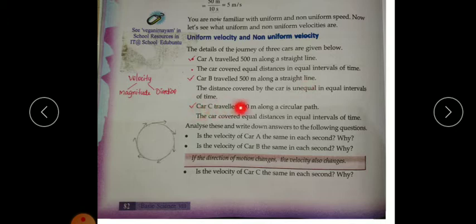The distance covered by the car is unequal in equal intervals of time.